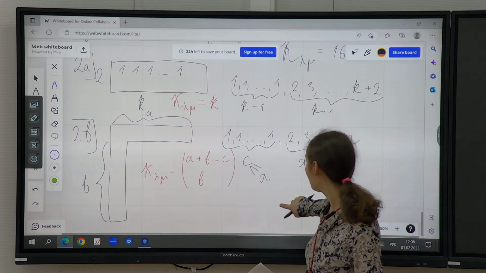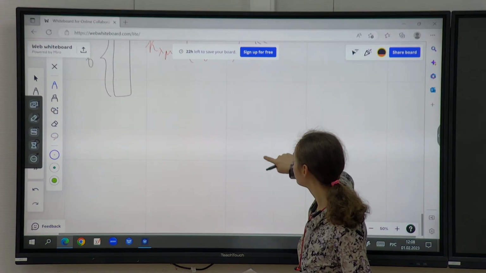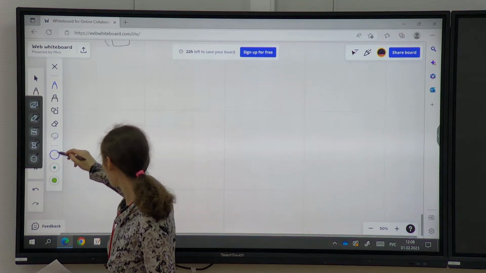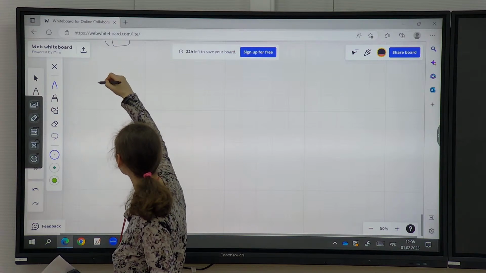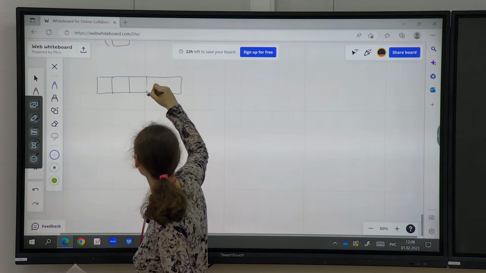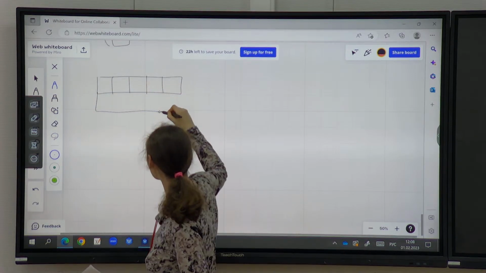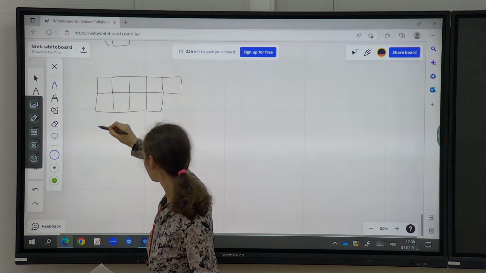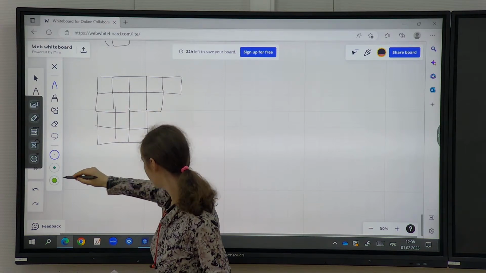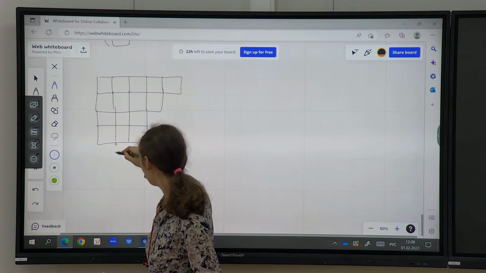Okay, so how does this dominance order work? We have some Young diagram.